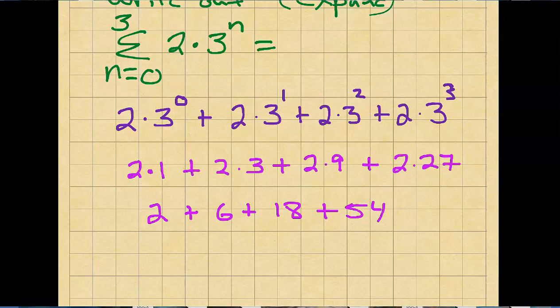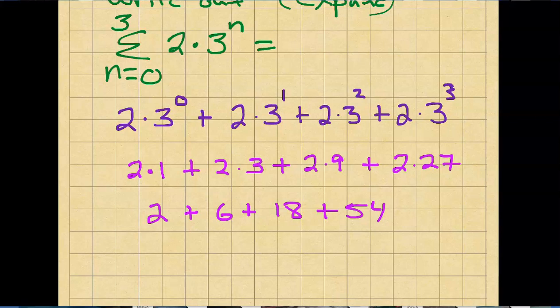Again, you would go to Open Desmos and go to Functions, go to Miscellaneous. Right there at the bottom in the middle column is the sigma. And we would start it at 0. We'd jump up to 3.